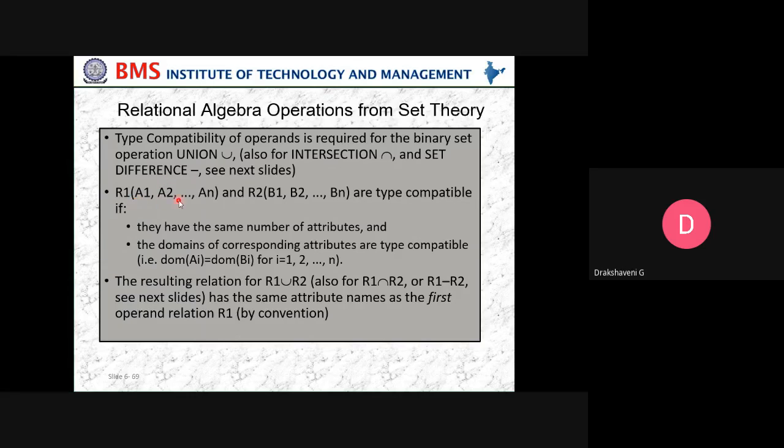R1(A1, ..., An) and R2(B1, ..., Bn) are type compatible if they have the same number of attributes and the domains of corresponding attributes are type compatible, that is domain of Ai equals domain of Bi for i equals 1 to n. The resulting relation for R1 union R2, and also for R1 intersection R2 or R1 minus R2, has the same attribute names as the first operand relation R1, by convention.